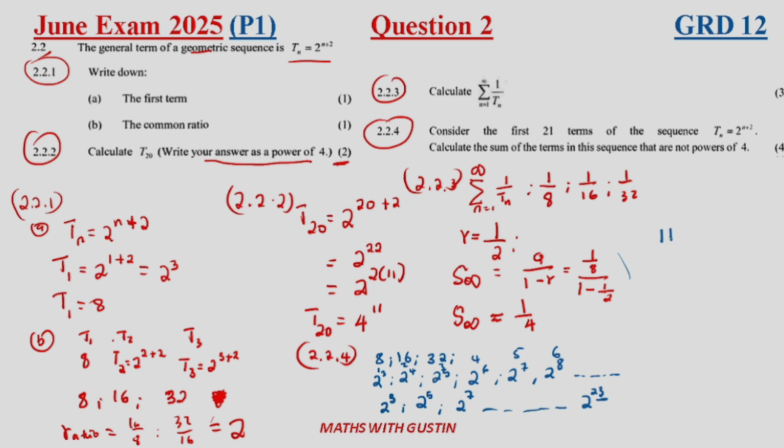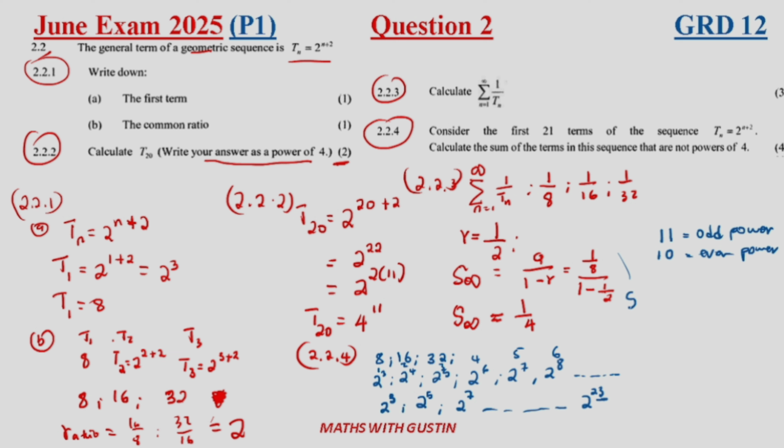There will be 11 with an odd power. Those with an even power will have to be 10. Okay, all right. So we are looking for the ones with an odd power.